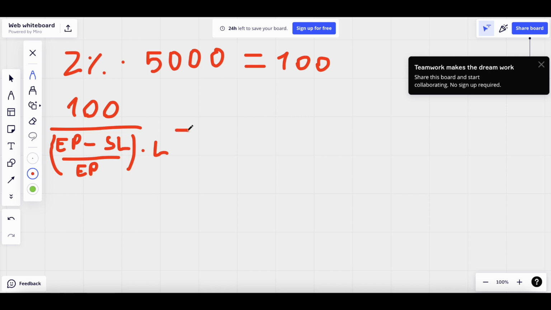And this equation will give you the position size.